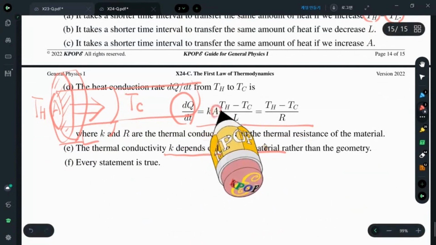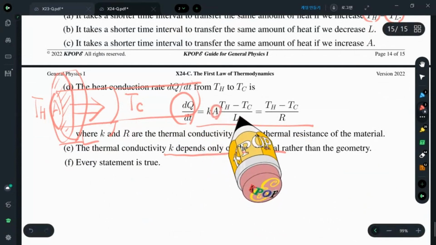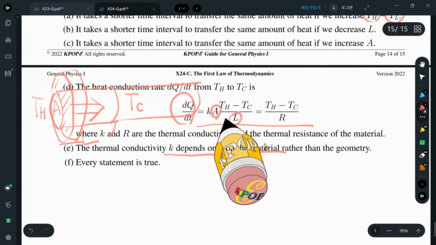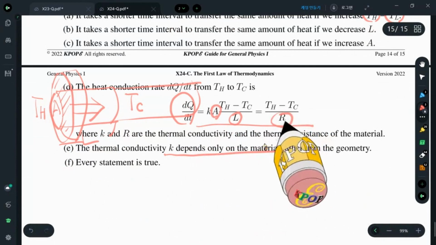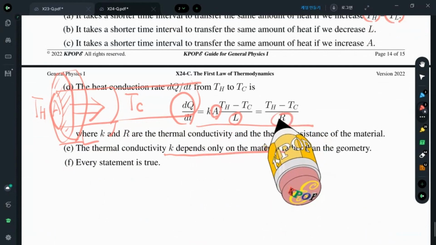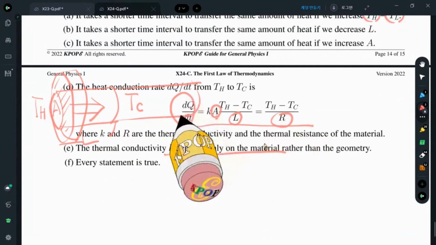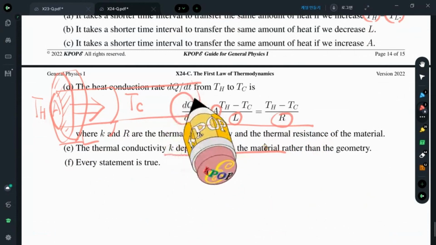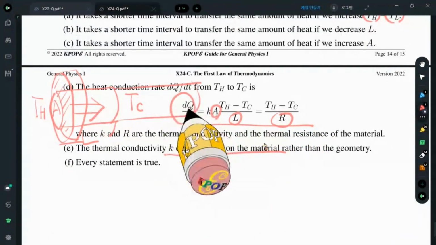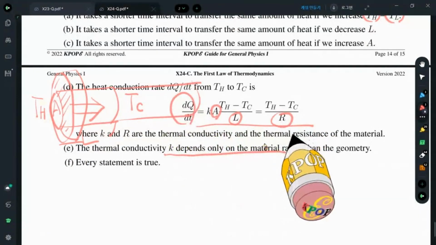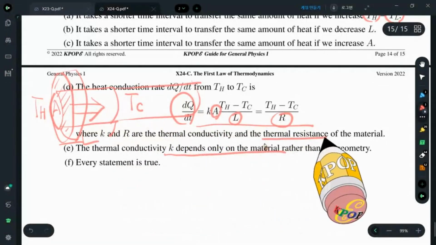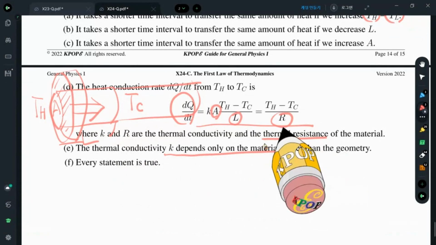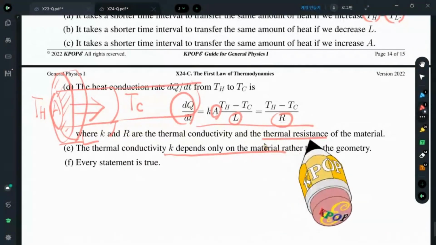And geometry appears in the cross-sectional area and length. If R is larger, the amount of heat transferred per unit time decreases. So that's the reason why we say R is thermal resistance. It is very similar to the electric resistance.